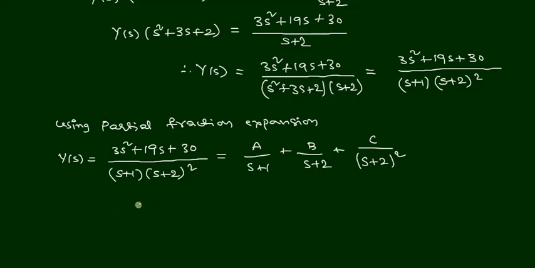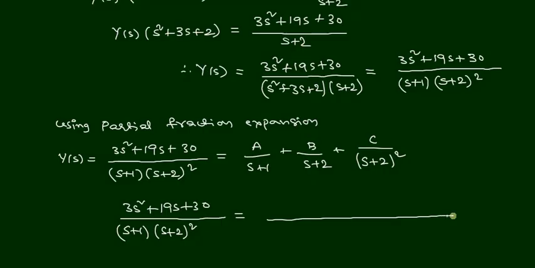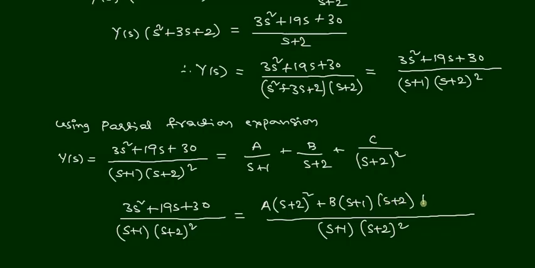So now we take the LCM on the right side. So (3s² + 19s + 30) divided by (s + 1)(s + 2)² equals, so the LCM is (s + 1)(s + 2)², so we write A into (s + 2)² plus B into (s + 1)(s + 2) plus C into (s + 1).